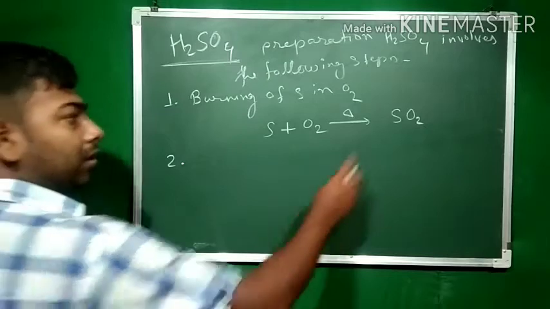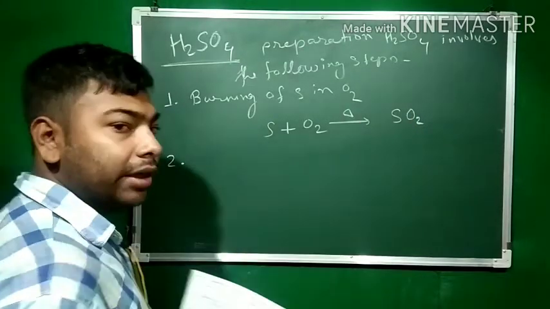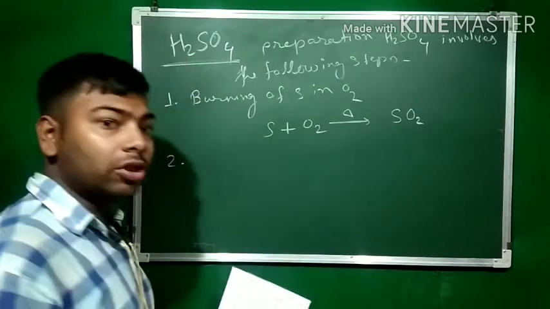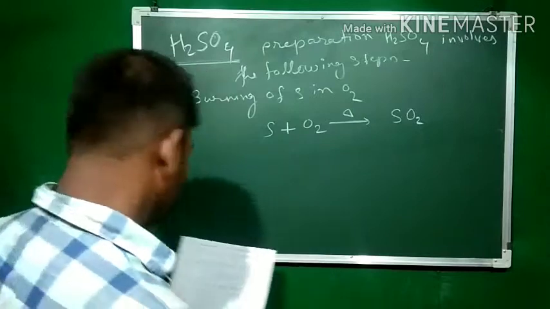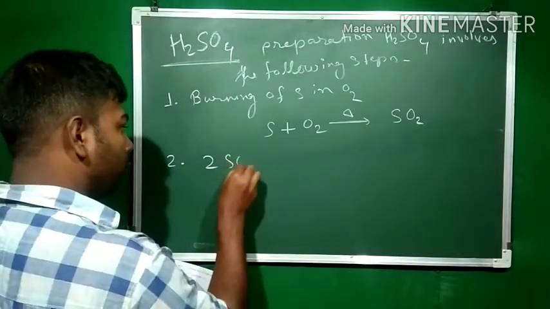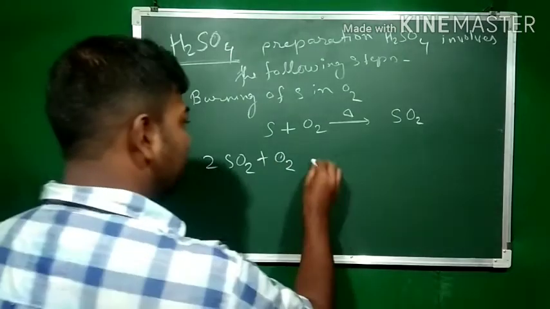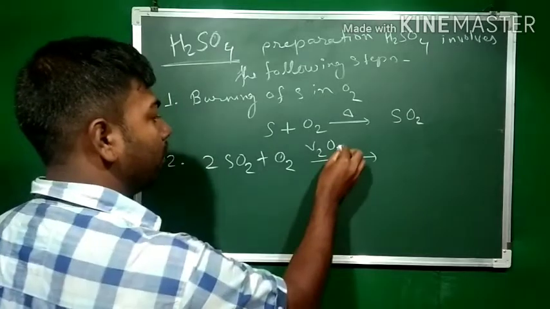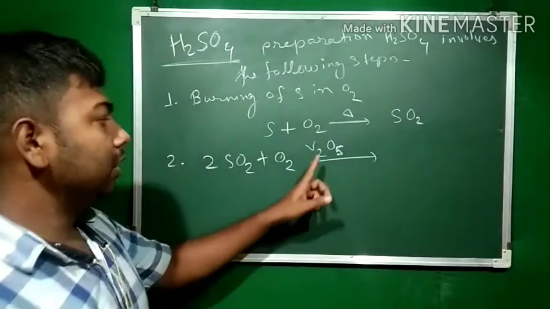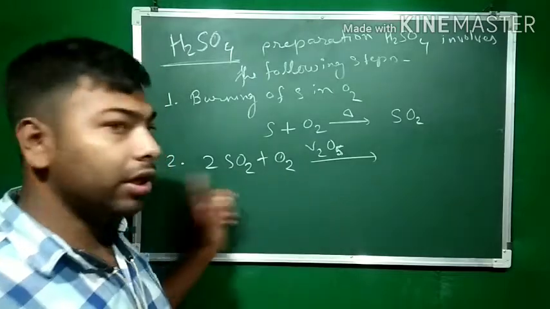Second step. This sulfur dioxide, which is produced in the first step, again reacts with oxygen in presence of some catalyst and some appropriate conditions. So, when 2 moles of sulfur dioxide react with O2 in presence of V2O5, this vanadium pentoxide acts as a catalyst to carry out the reaction.